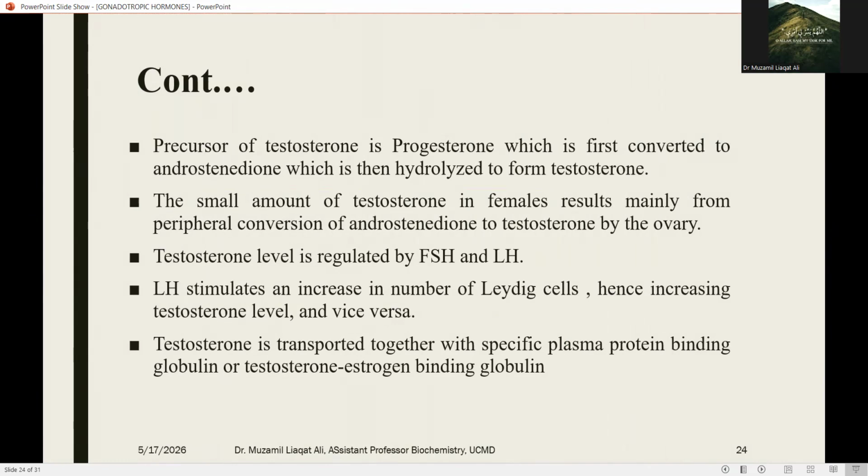This is why hemoglobin levels are high in males, right? It also increases the basal metabolic rate and glycogenolysis. Deficiency causes hypogonadism. Androgen receptor defects cause testicular feminization, as seen in Swyer syndrome. XY female phenotype is seen in that particular case, right?